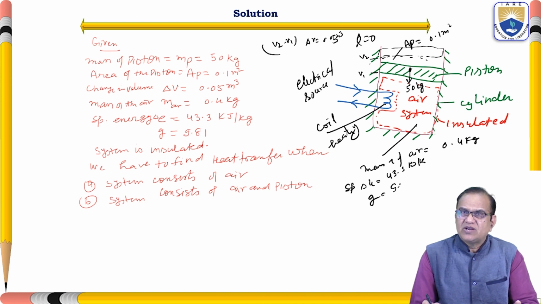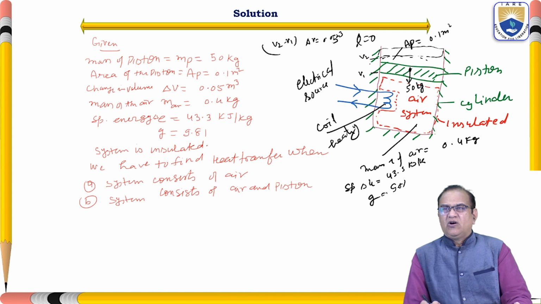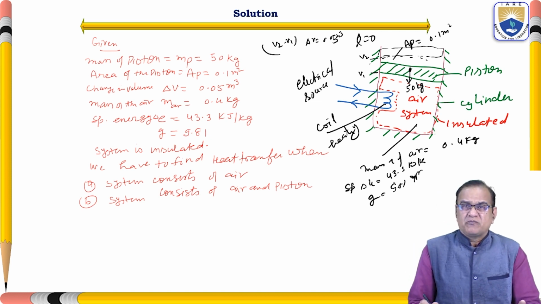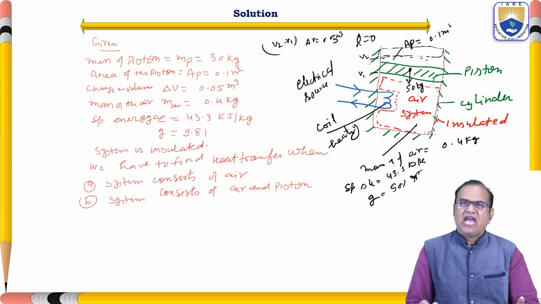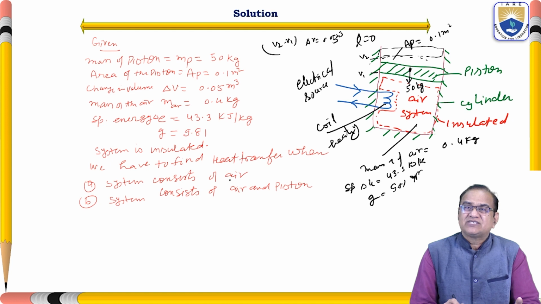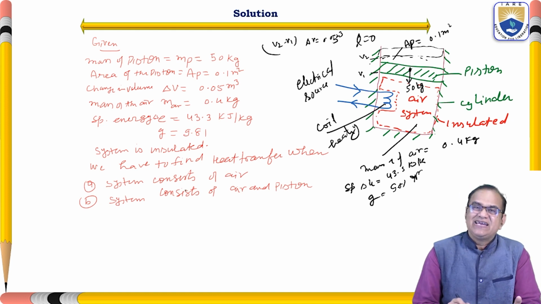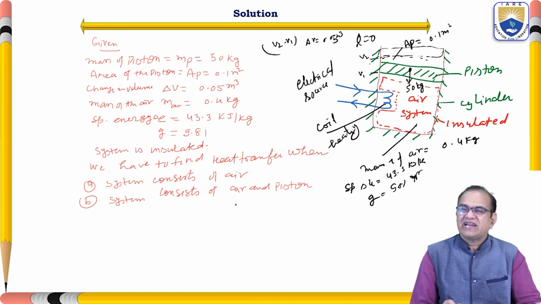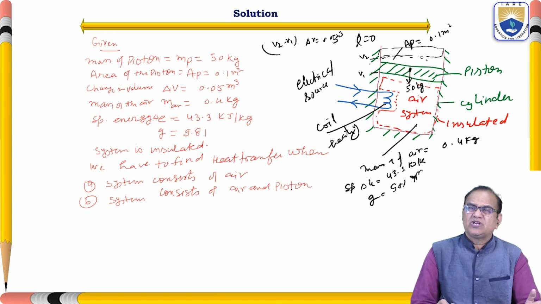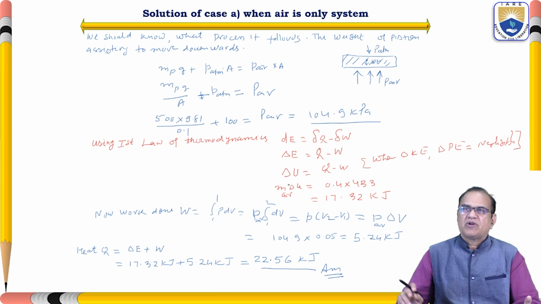G is equal to 9.81 meter per second square. The system is insulated. So we have to find the heat transfer when the system consists of only air, and when the system consists of air and the piston. These are the two cases we are going to discuss in this problem.